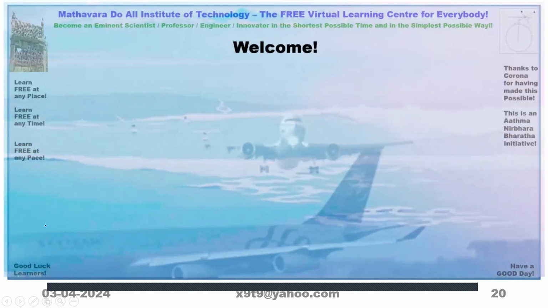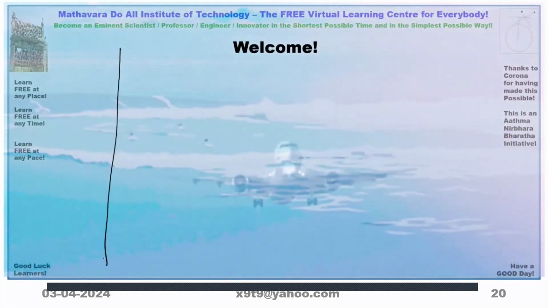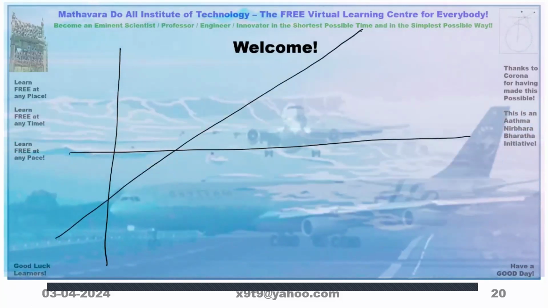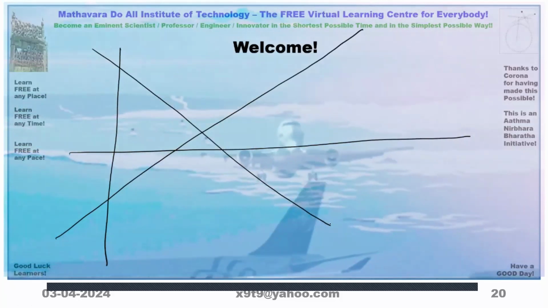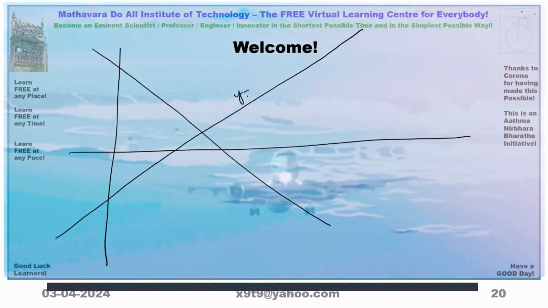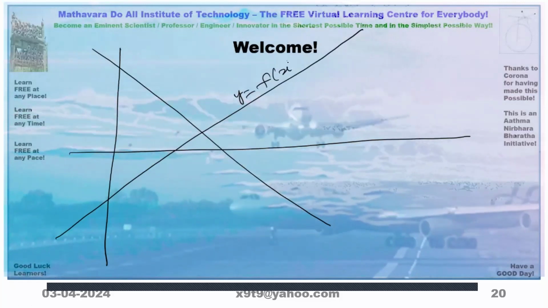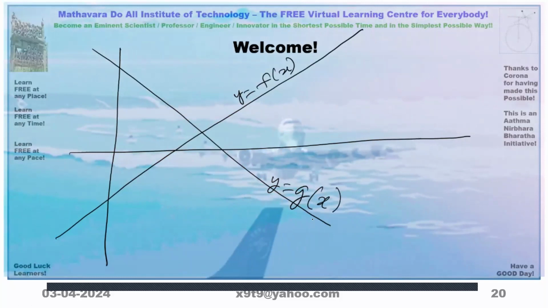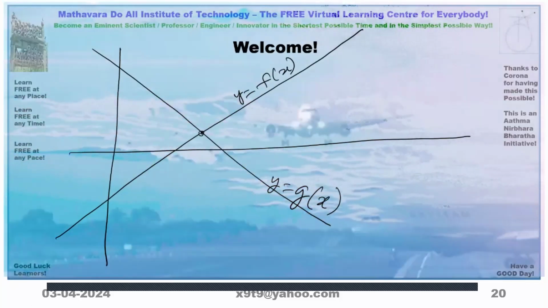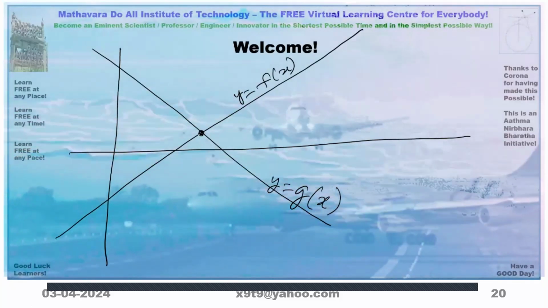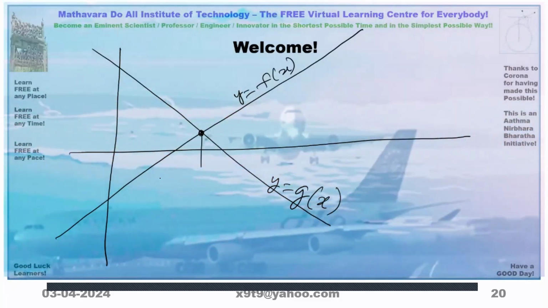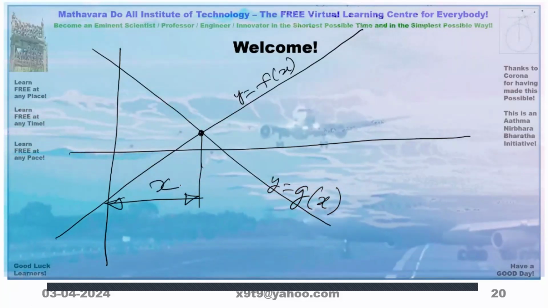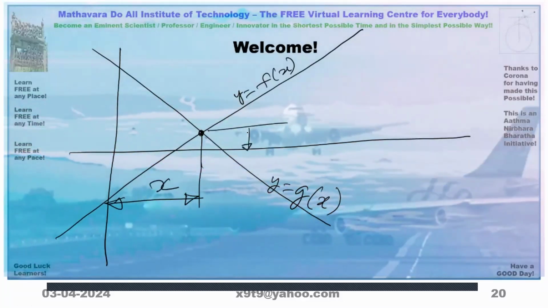So that means we can have problems where one graph goes like this, another graph goes like that. This is y is equal to some function of x. This is y is equal to some other function of x. We want to find the coordinates of this point of intersection, that means how much is this distance x and how much is this distance y.